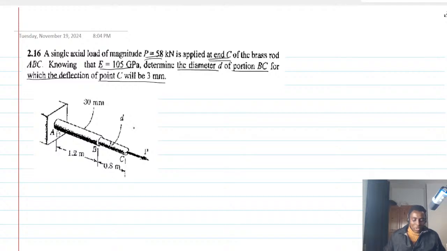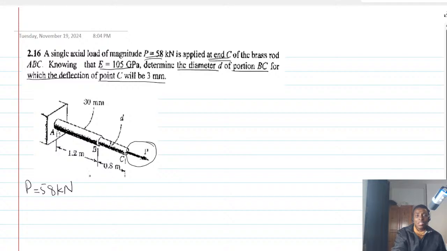Now, the first thing which you have to do for a problem like this is, let's take down some values. So there is an axial load P giving us what? 58 kilonewton. And then this load is applied at portion BC.